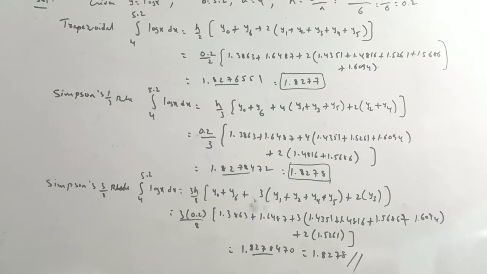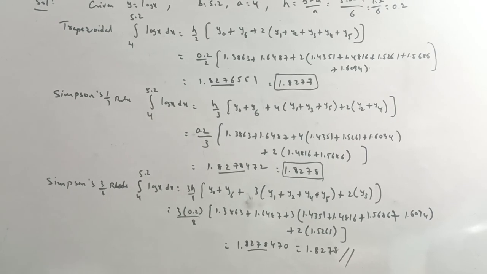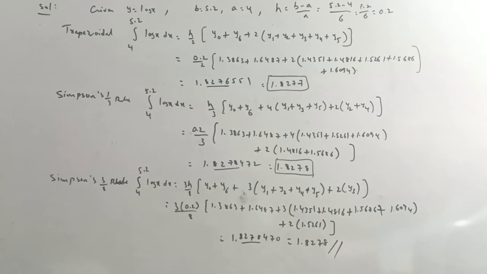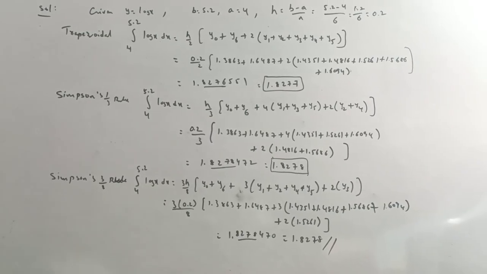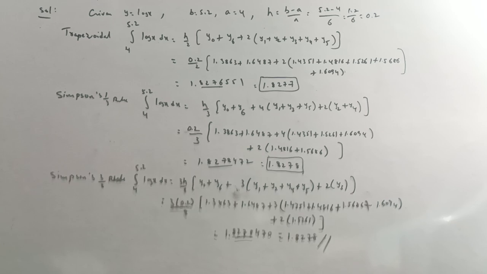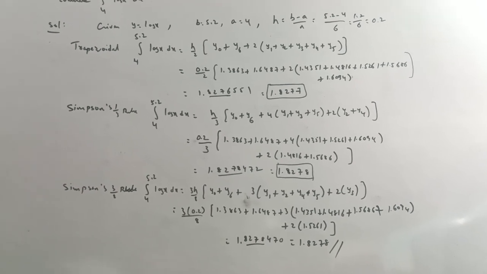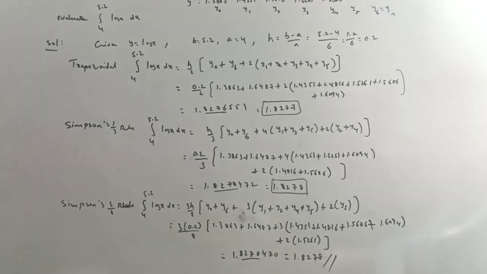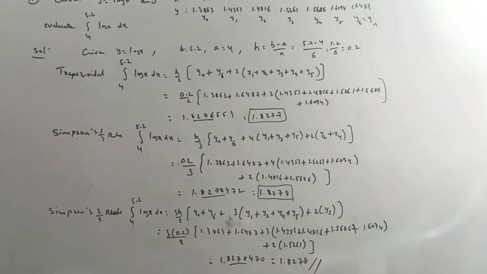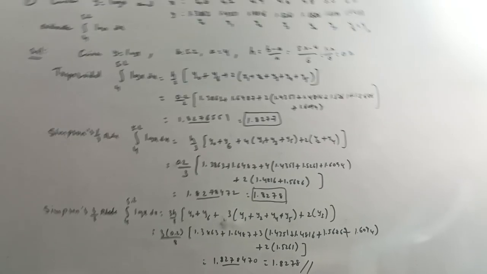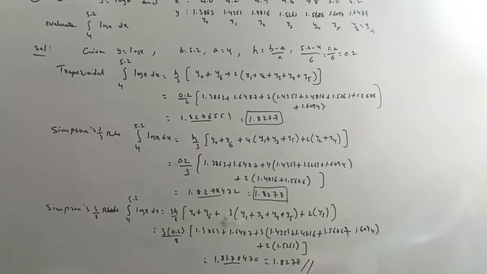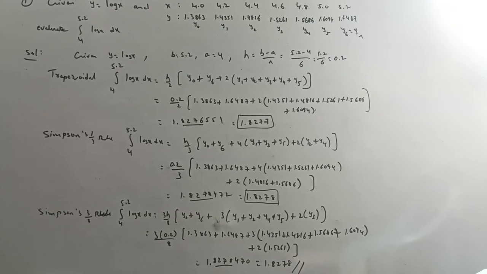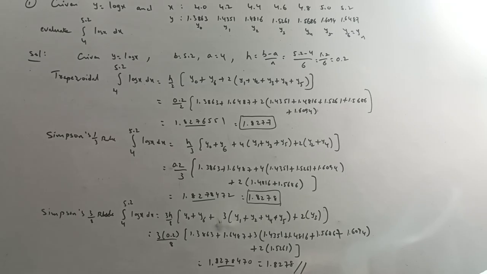Okay, so these are the three formulas which we use in numerical integration to find the numerical value of the integral of the given function. The basic idea is, without performing the integration, by dividing the lower limit and upper limit into equal parts, you find the integral value of the given function between the limits.